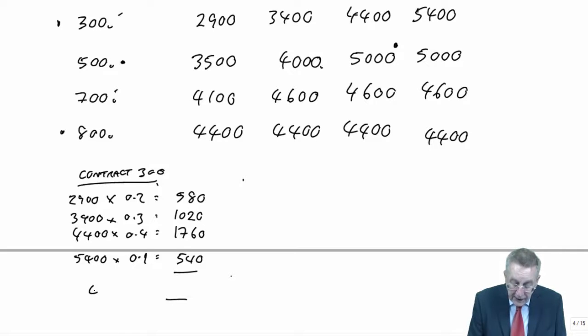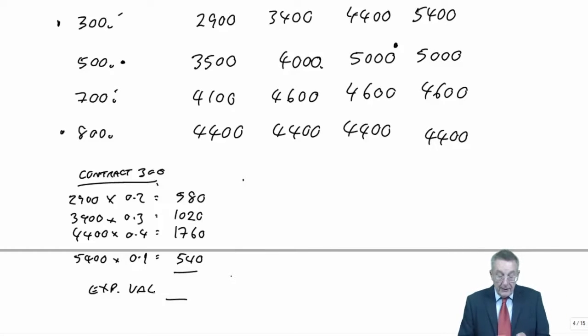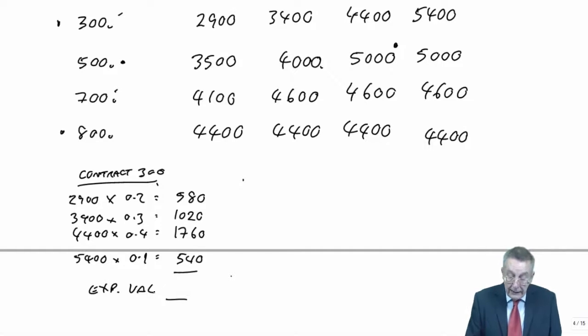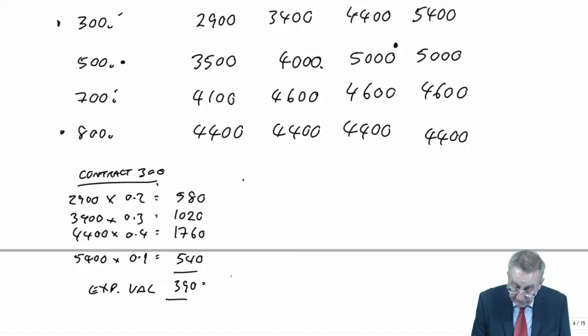And so the total, the expected value, is 580, 1,020, 1,760, 540, 3,900.